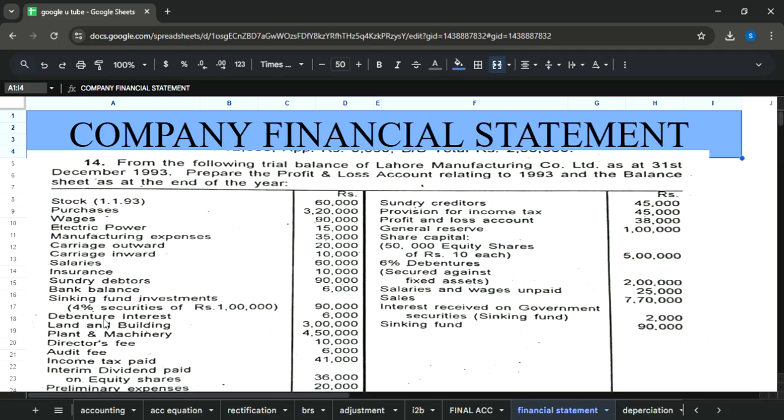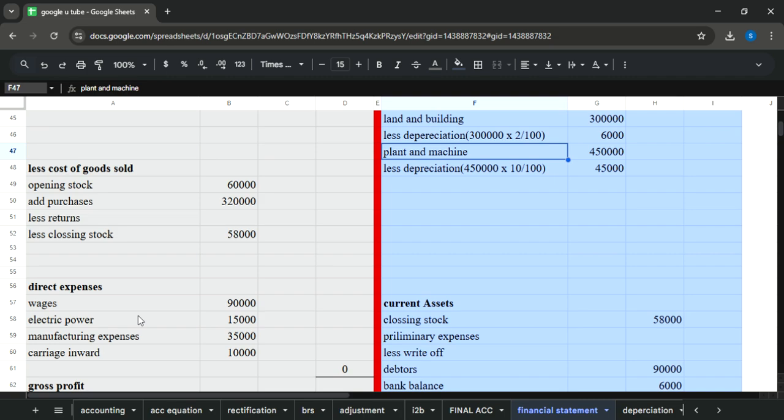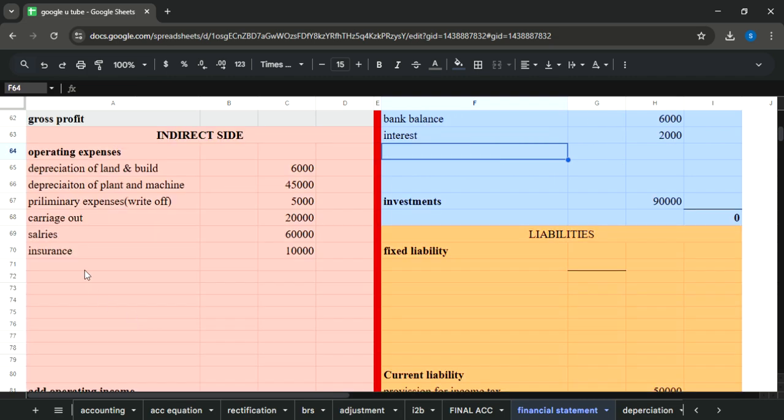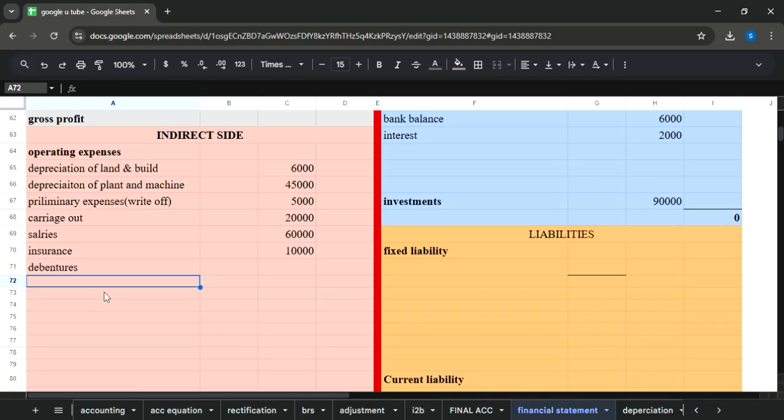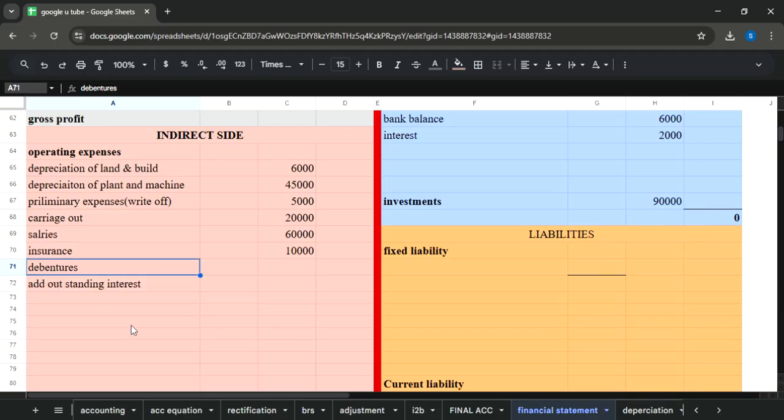Alright, now come over here, debenture interest. Again we'll have to make a jump because debenture interest is having two lines. Add outstanding interest. Over here we will mention debenture interest. Now please note it down very carefully that total interest would be calculated over here.